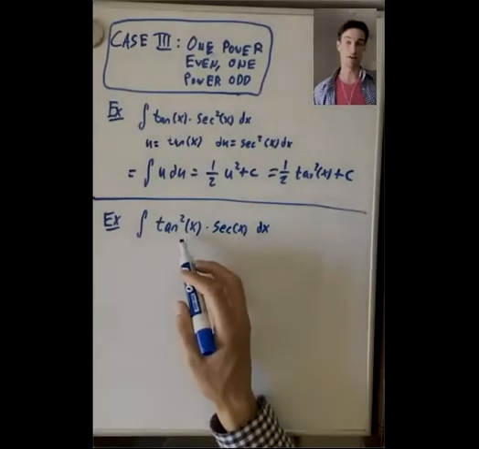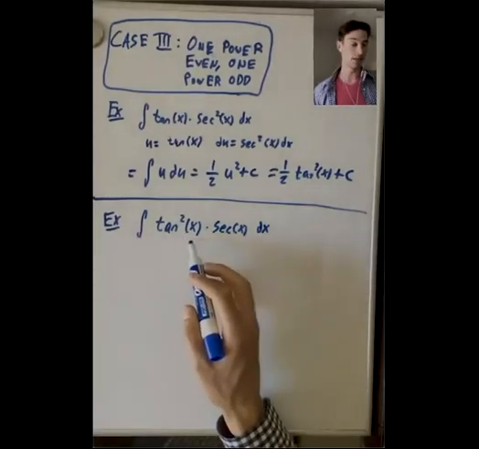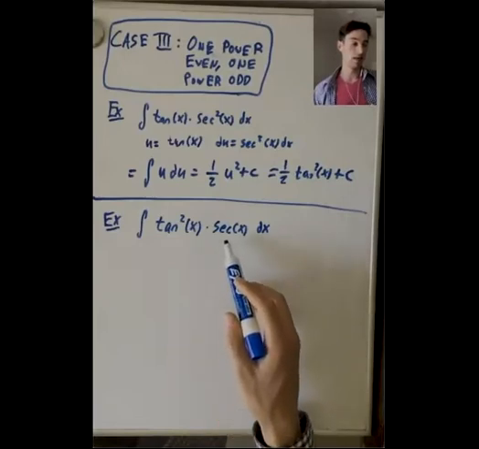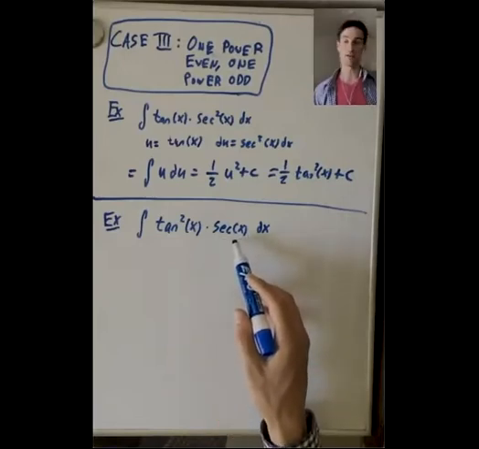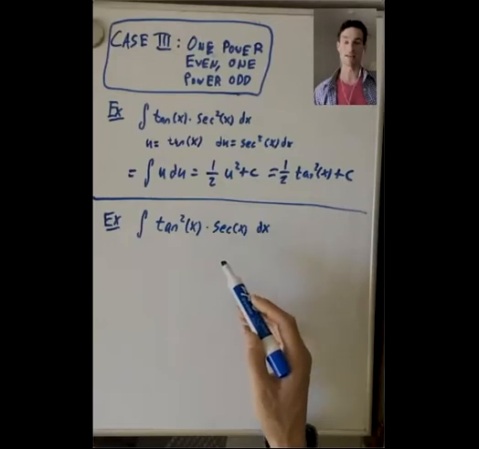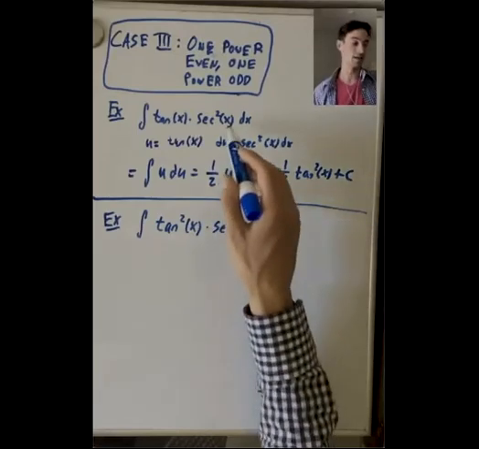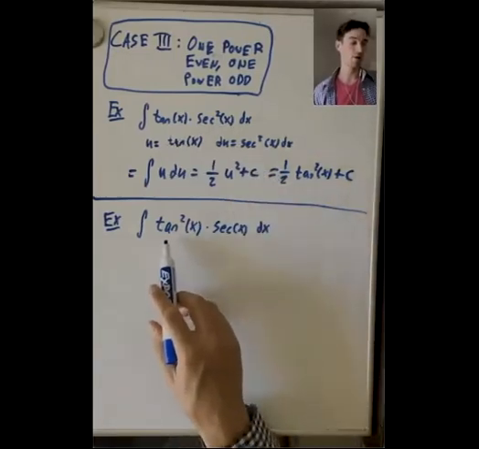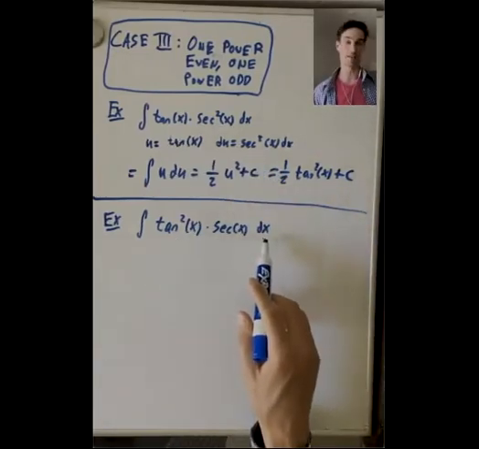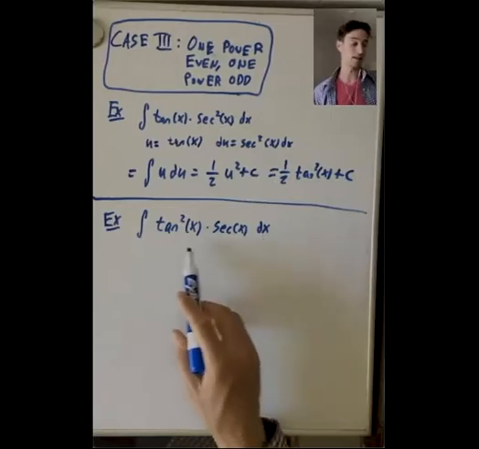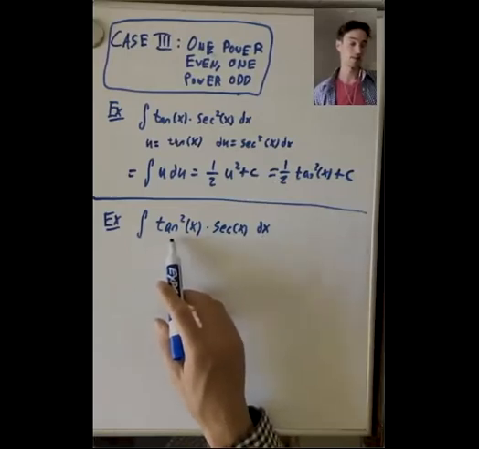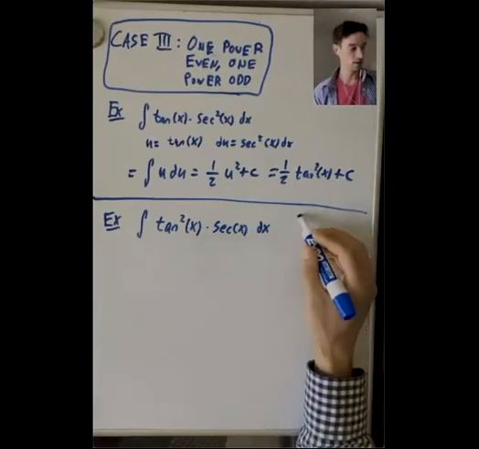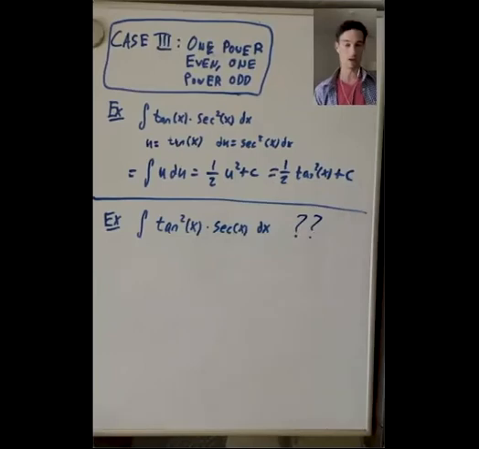Still, it's an integral with one power even and one power odd, but you only have one power of secant, so you don't have a secant squared x dx to let u equal tangent x and do u substitution. If you borrow a tangent and a secant to put with dx, you would want to let u equal secant x, but then you need to rewrite tangent in terms of secant, which is not so clear. So I just want to emphasize that this is much harder.